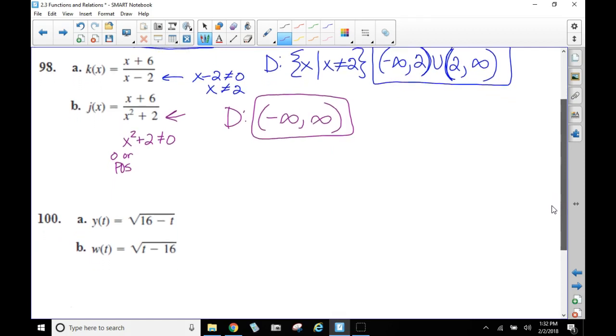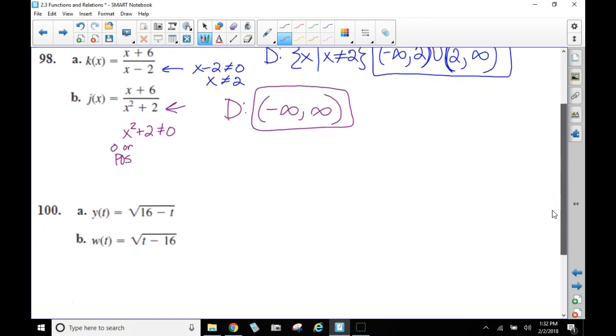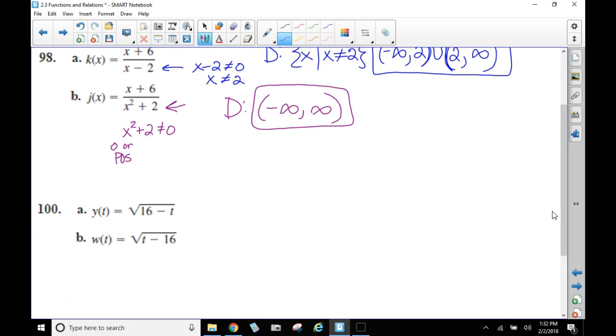Now, the example on number 100, we're going to look at those radical parts. Okay? Remember, since we have a square root here, we do not want that quantity of 16 minus t taking on a negative value.